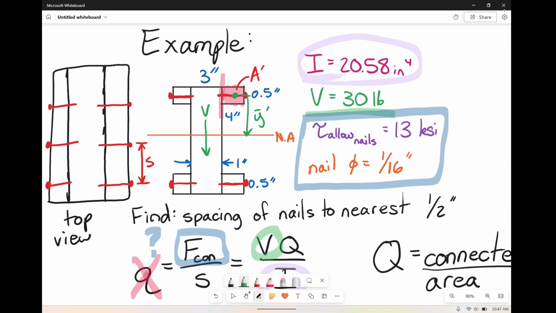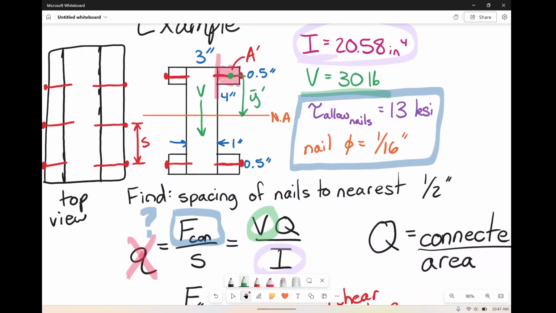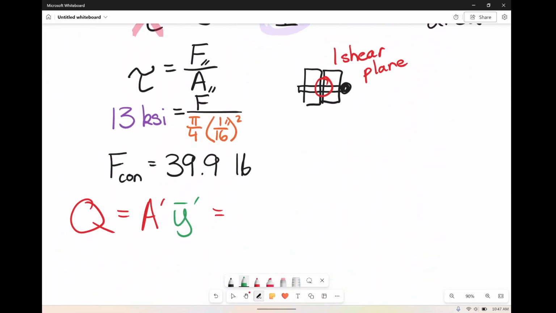So we're just going to have to assume in this case that the boxes on each side of the I here are the same width. That would be a width of 1.3 minus the middle web of 1, which is 1 on each side. So the area is 1 inch times the 0.5 for the height.